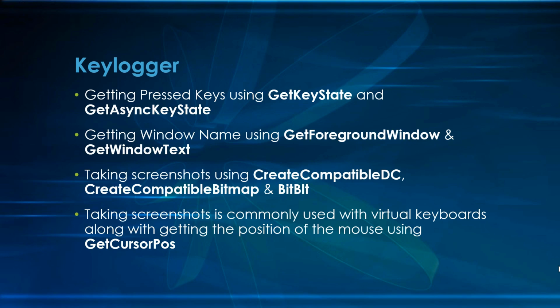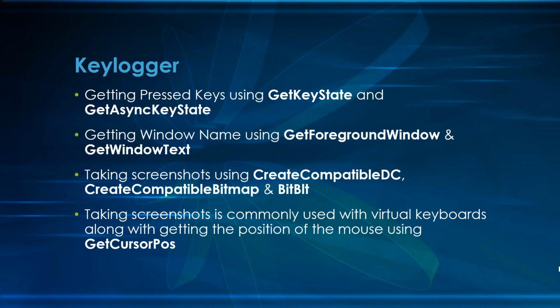Actually, it will be the last one because we are really short on time. With any keylogger, you will see that it tries to get all the keys that are being pressed, and the window that these keys are used in. Let's say, is it in the Chrome browser? Is it in a chat app?